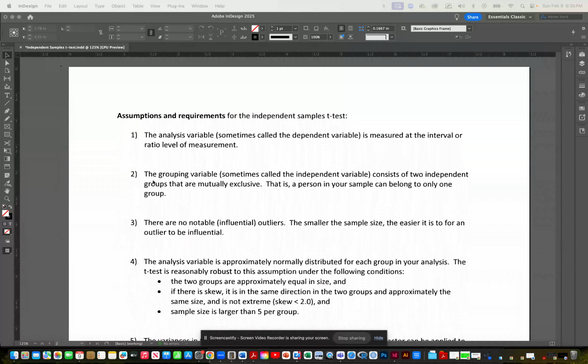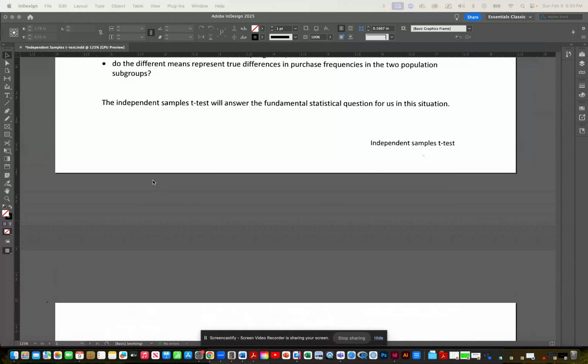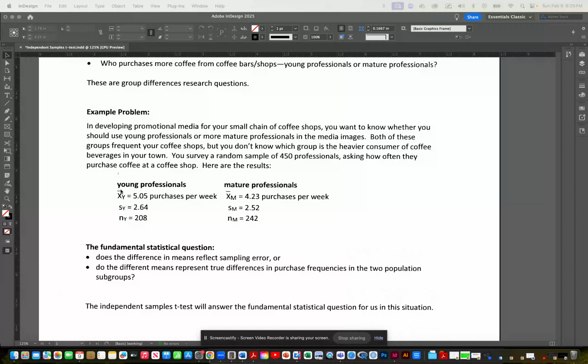And then number two, the grouping variable, sometimes called the independent variable, consists of two independent groups that are mutually exclusive. That is, a person in your sample can belong to only one group, and that would be the case in our example. We have people who would be in the young professionals group or the mature professionals group.